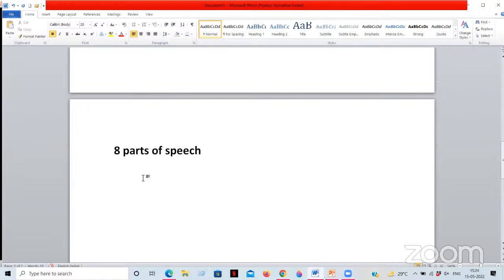What are the major phrases? Noun phrase, then we have verb phrase, adjective phrase, and prepositional phrase. So there are four major phrases.